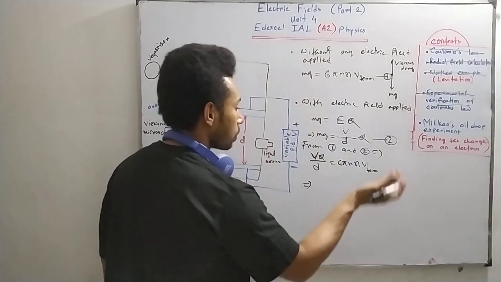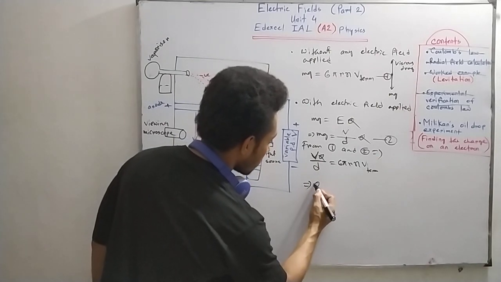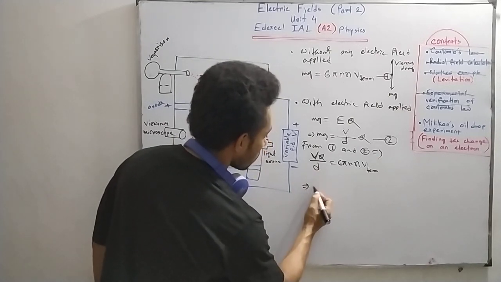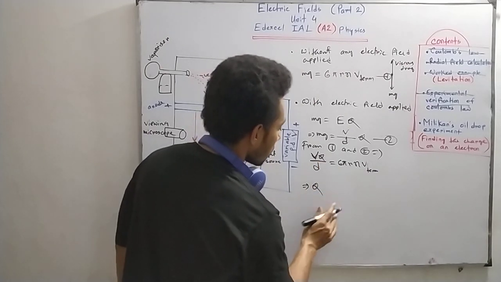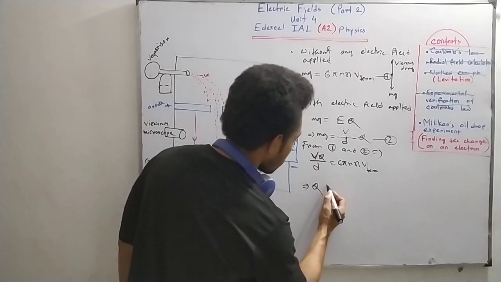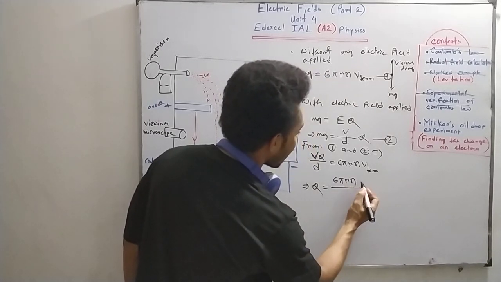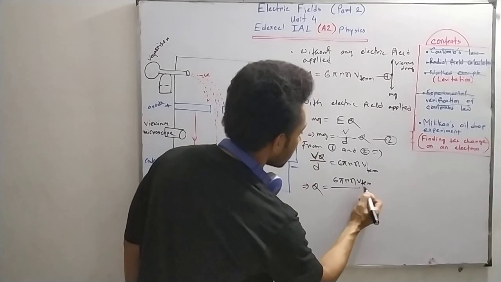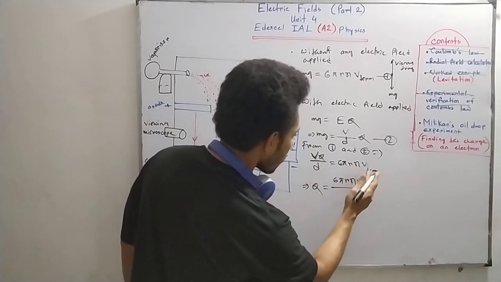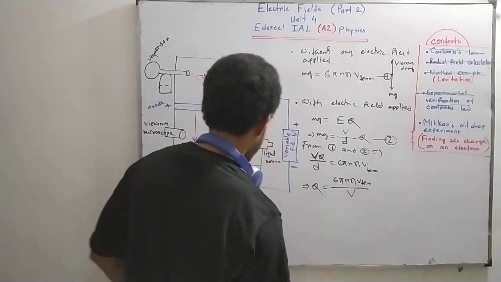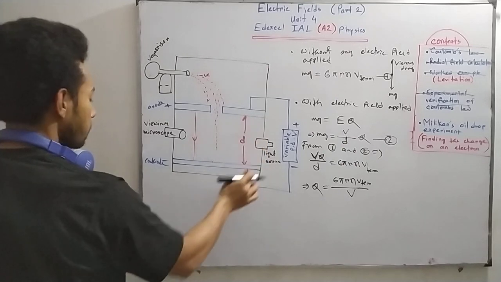So we have to replace r in this equation, and let's make Q, the charge on an oil drop, the subject. Q will be 6 pi r eta V term divided by V, which is the potential difference between the plates.